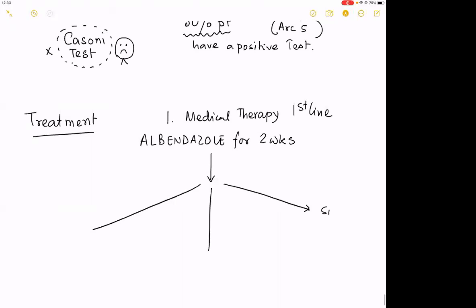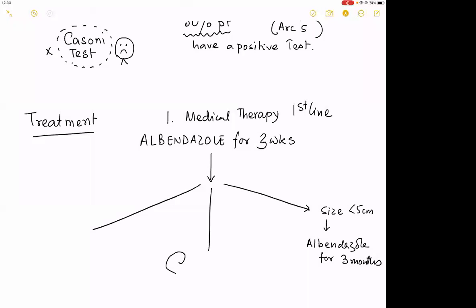If the size is less than 5 centimeter, albendazole for 3 months. Some people make it 3 weeks, not 2.